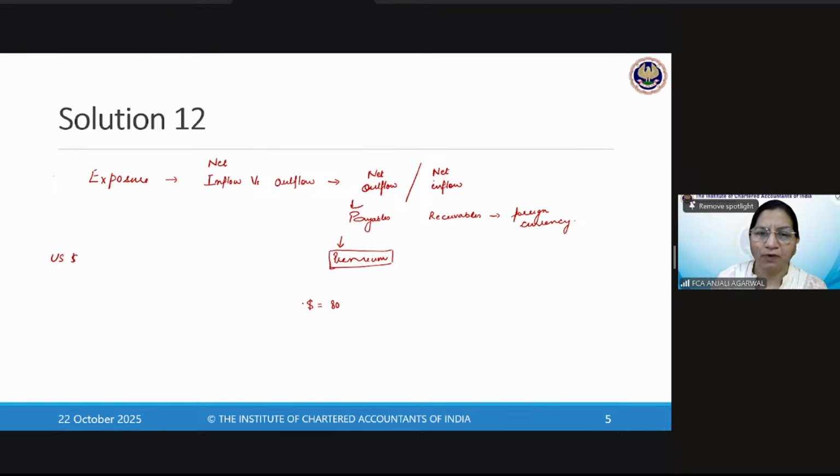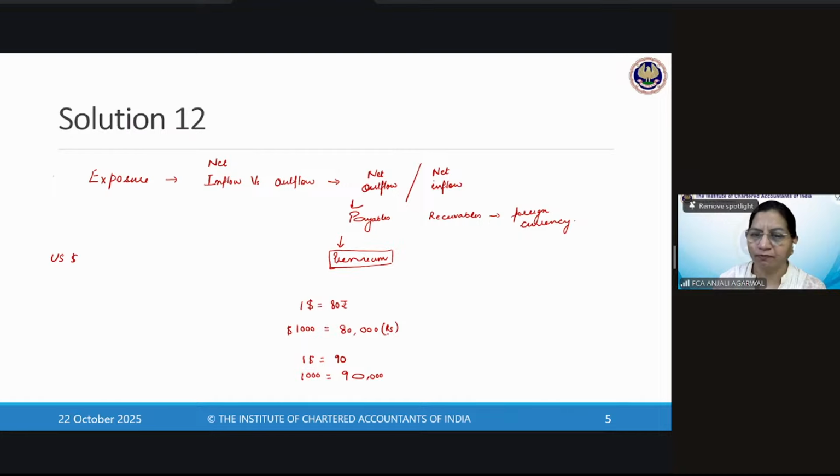For example, if $1 is 80 rupees, and you had to pay $1,000, what would have been the outflow? 80,000, right? Now, if the price of the dollar increases and $1 becomes 90 rupees, which means the dollar is at a premium, the same payables of $1,000 would mean an outflow of 90,000 rupees for you. How much you were supposed to pay? $1,000.